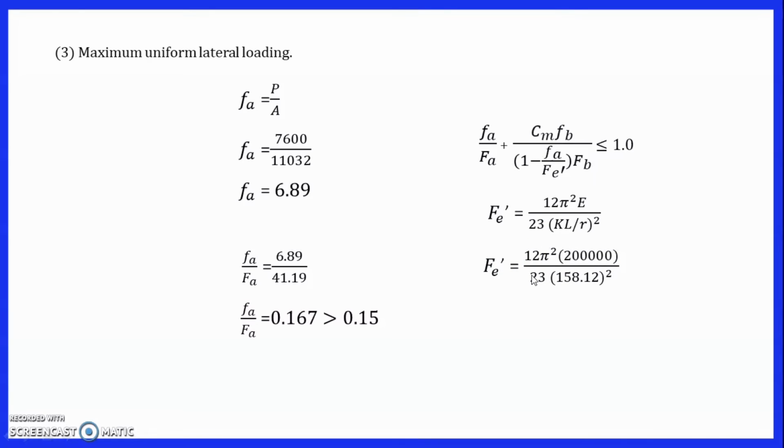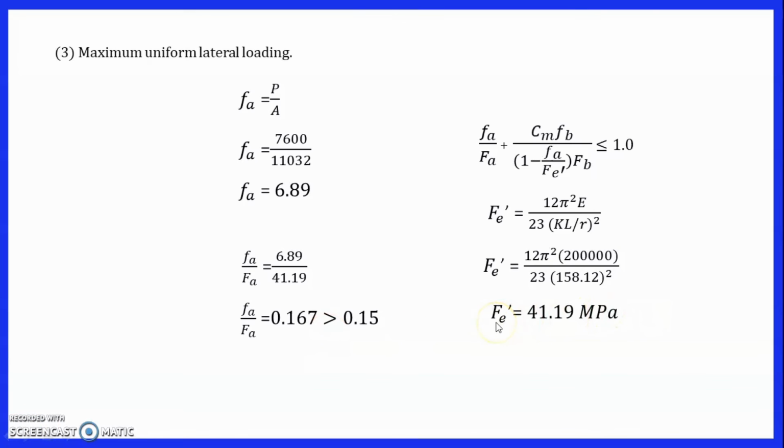Substituting the values, we have 12 pi squared multiplied by 200,000 over 23 multiplied by 158.12 squared. So we have 41.19 megapascal as our value for the Euler's critical stress.